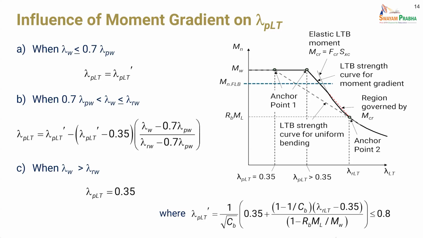Intermediate cases is a simple interpolation between lambda PLT equals lambda PLT prime for a highly compact web, and lambda PLT equals 0.35 for a slender web.